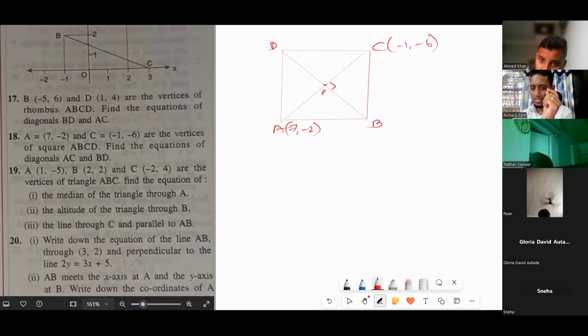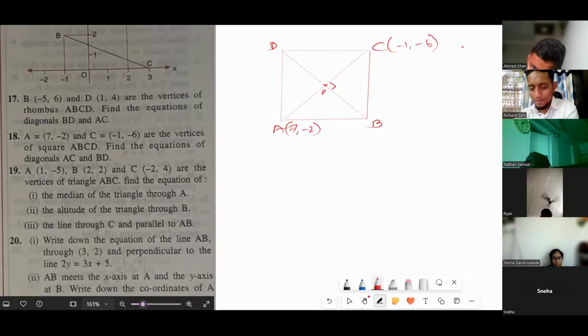So what we need to know is that diagonals are perpendicular bisectors of each other. Perpendicular and bisector, both are important for us. Perpendicular so that you know the relationship between the diagonals, and bisector so that you know it's a midpoint. Bisector means cutting into two equal halves, right? So you'll find the midpoint of AC, which is P, and that point P lies on the line BD.